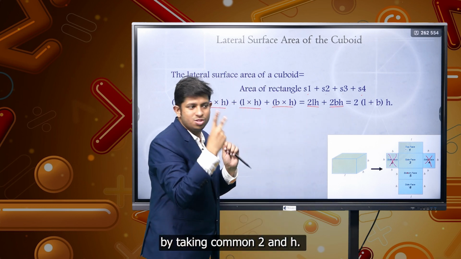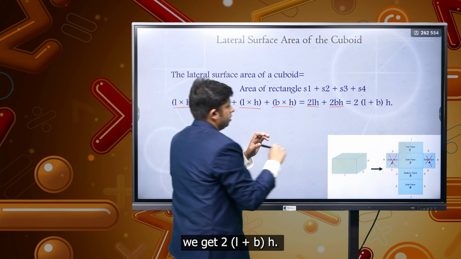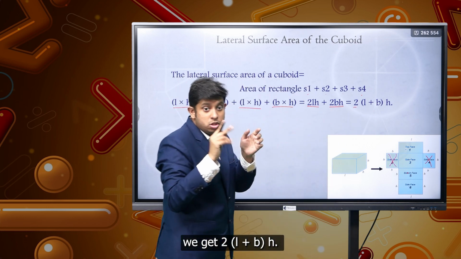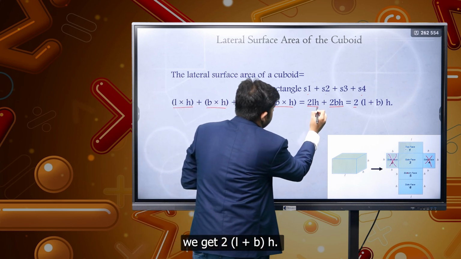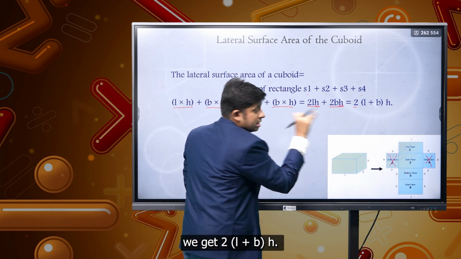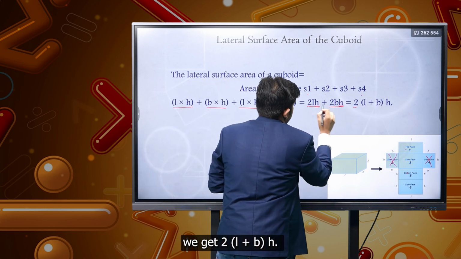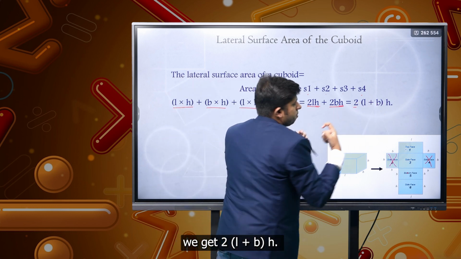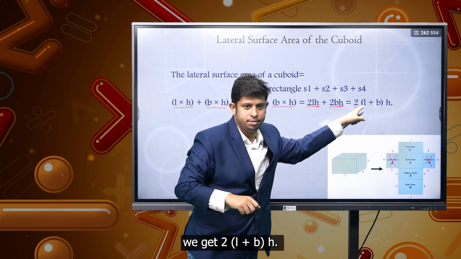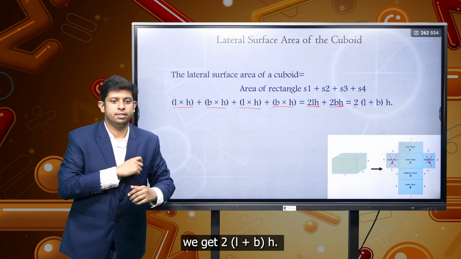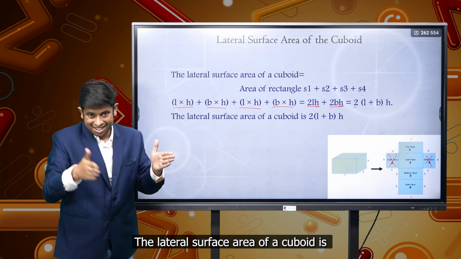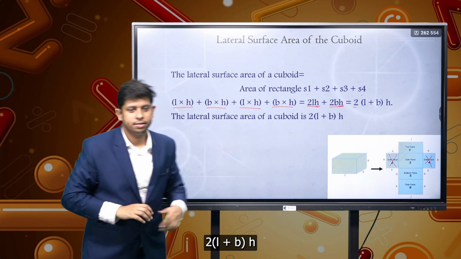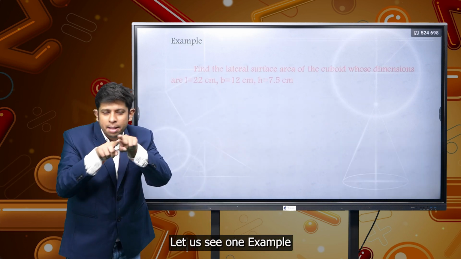By taking common 2 and H, we get 2 into L plus B into H. The lateral surface area of a cuboid is 2 into L plus B into H. Let us see one example.